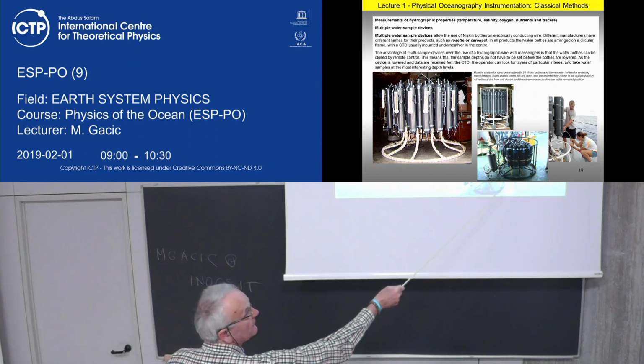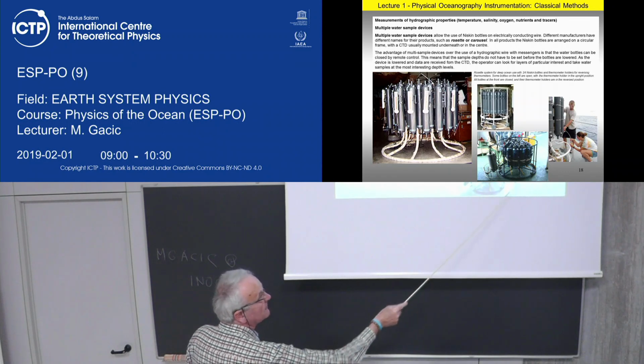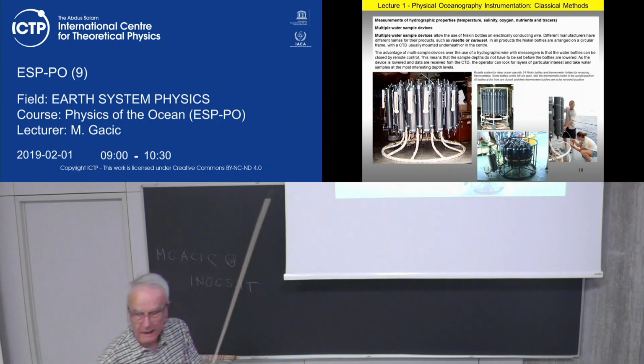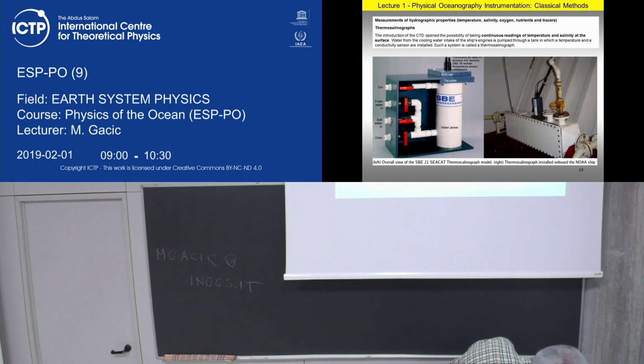Here, the bottles are closed not by messengers anymore, but electronically. You close these bottles at a certain depth by pressing the button. So this is the multiple water sample device.